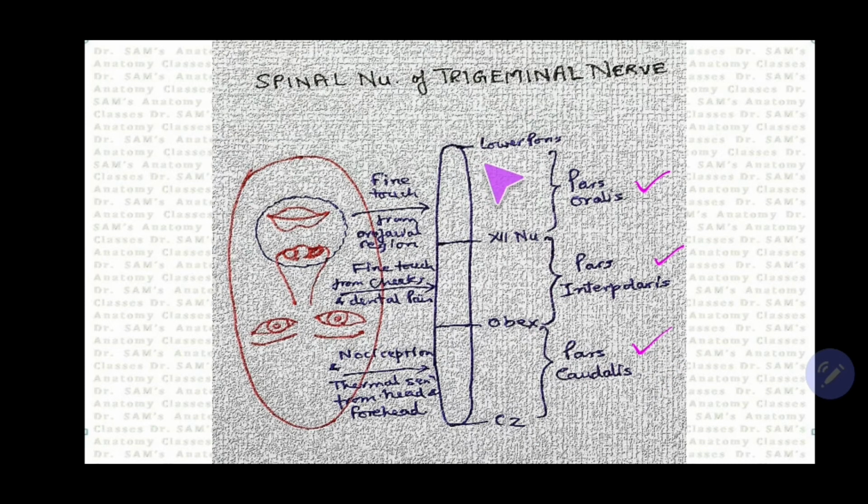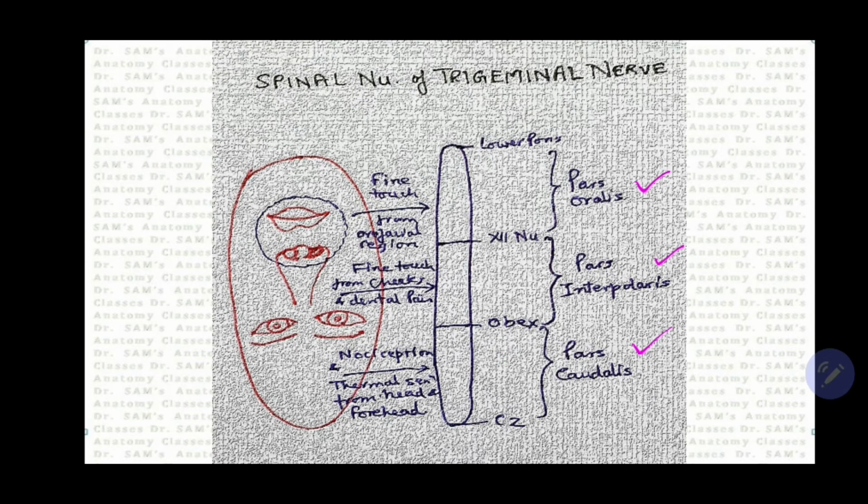How to differentiate: pars oralis extends from the lower pons up till the origin of the 12th cranial nerve in the medulla. That much extension is called pars oralis. And pars interpolaris is from the origin of the 12th cranial nerve up till the obex.